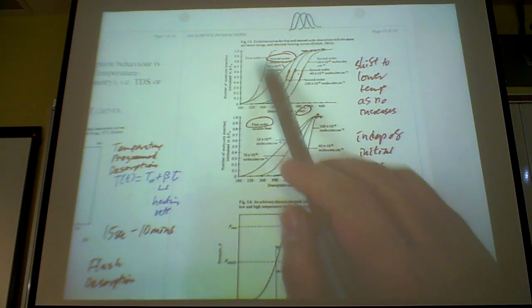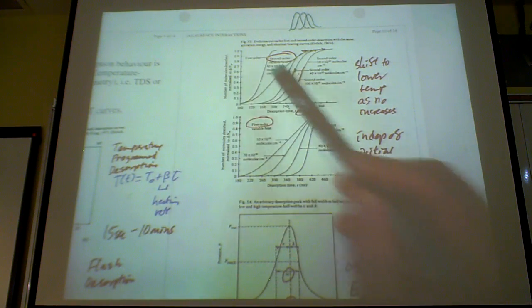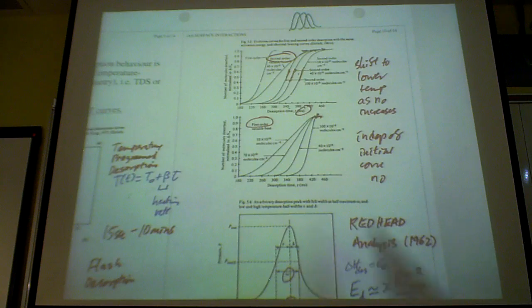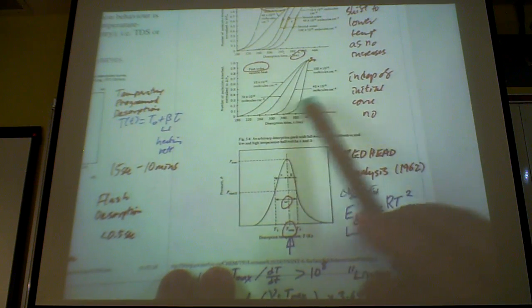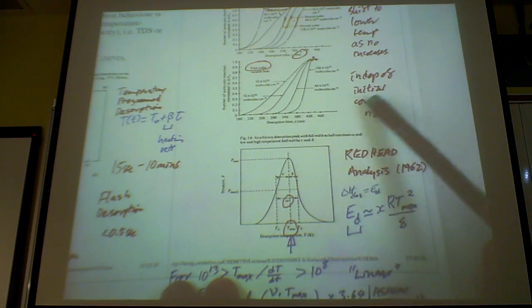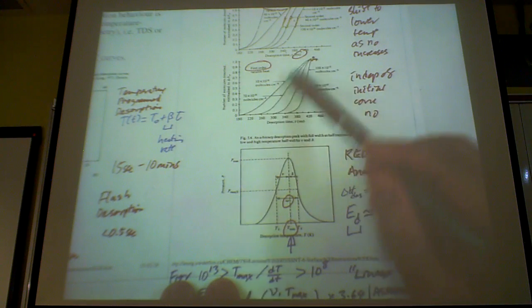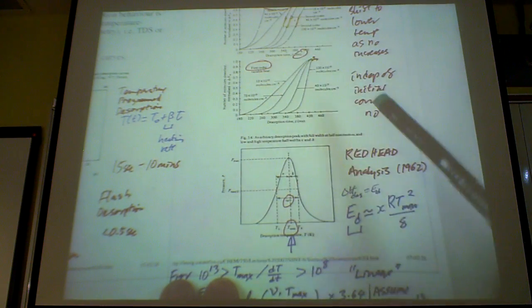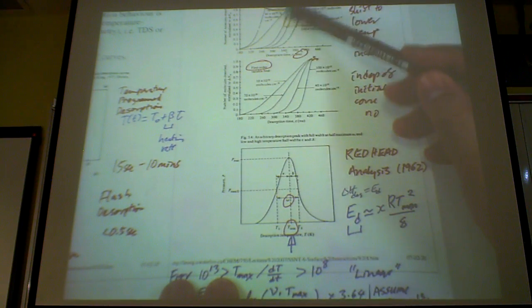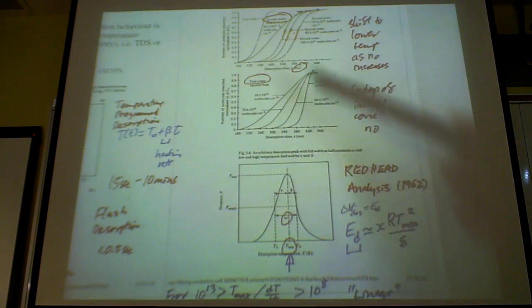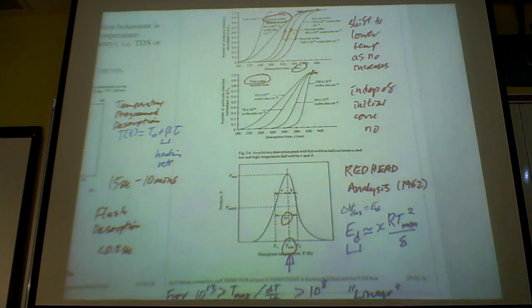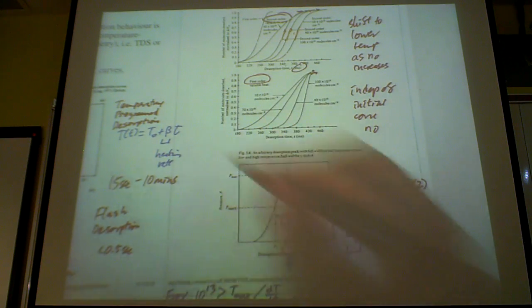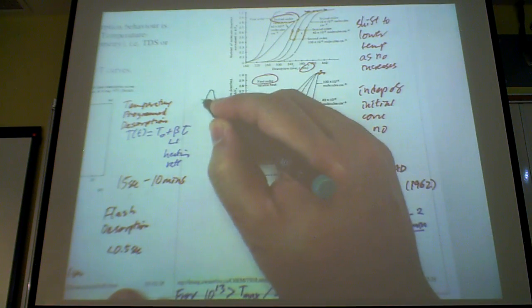If you're comparing first order and second order, they look different. In the case of a first order reaction, the curve looks quite different from the second order. The second order tends to have parallel-type curves, whereas here you don't have parallel-type curves. But they all give you the same desorption maximum, right?